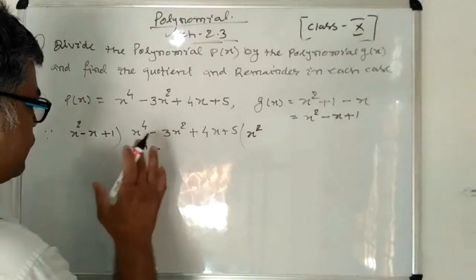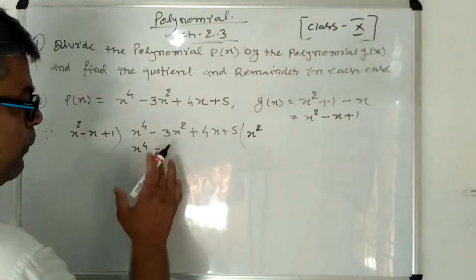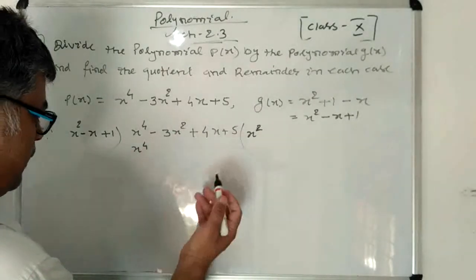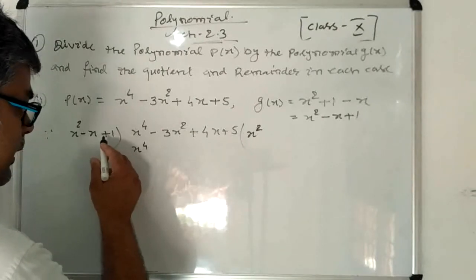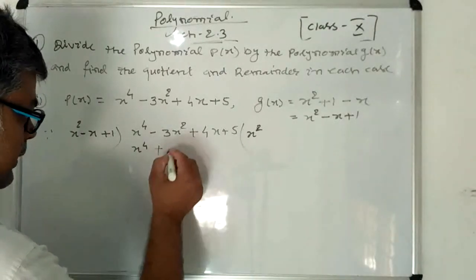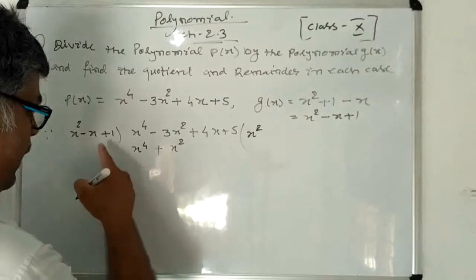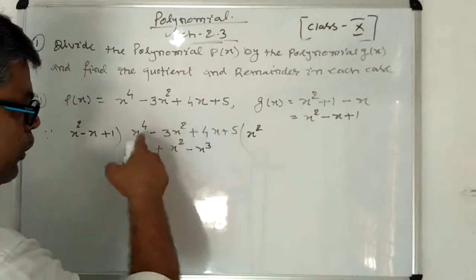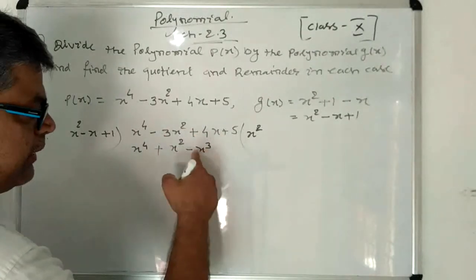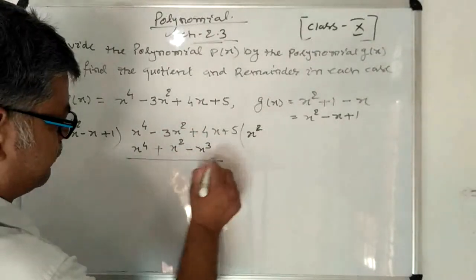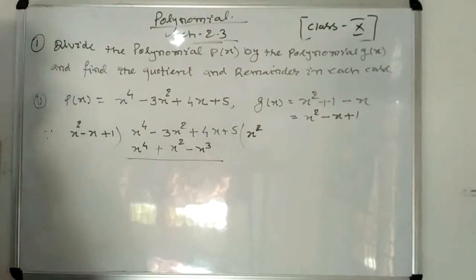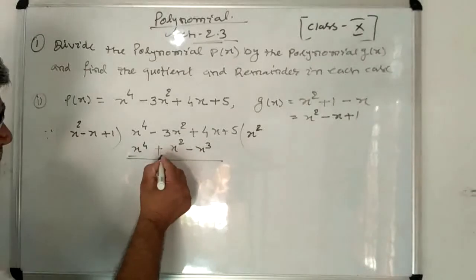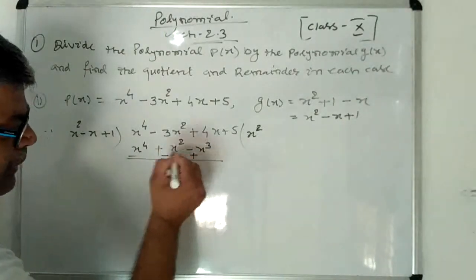But the x cube term is not here, so you will write x cube later. And when x square is multiplied with 1, you will have x square, and minus x cube. Because x cube is not in the dividend, I have written this x cube in the last term. Now you change the sign of the expression, so it will be minus, minus, and this will be plus.